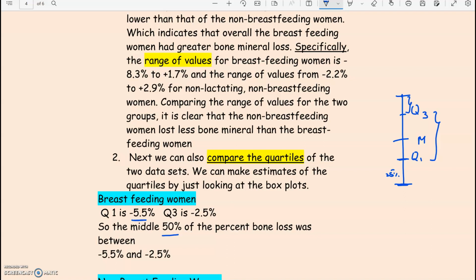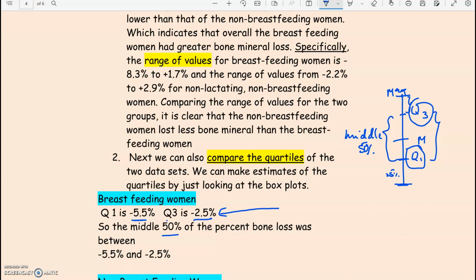The top 25% is between the Q3 and the maximum. And the middle 50% of the data lies between Q1 and Q3.